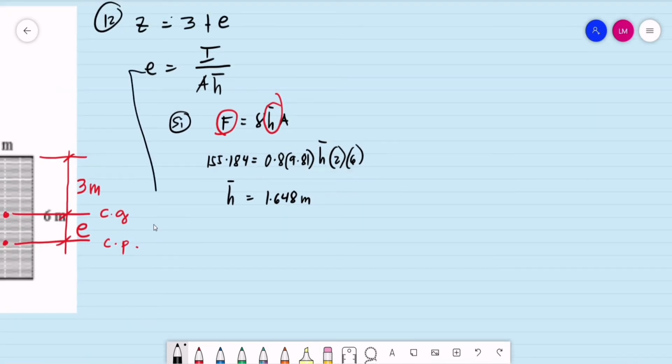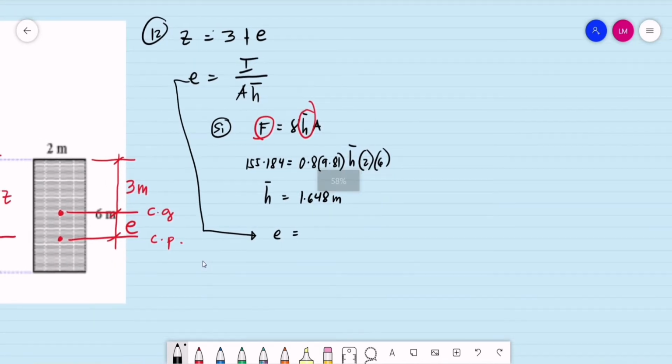Okay, from this equation for eccentricity, ano yung moment of inertia ng gate? That is rectangular, 2 meters wide, 6 meters deep, so 2 times 6 cubed, divided by 12. Moment of inertia for rectangle, divided by the area of the gate, that is 2 times 6, tapos yung na-compute natin na equivalent ng bar H, 1.648 meters.